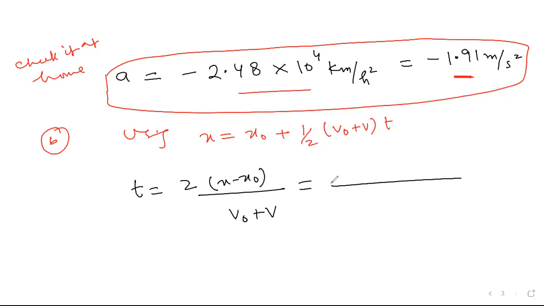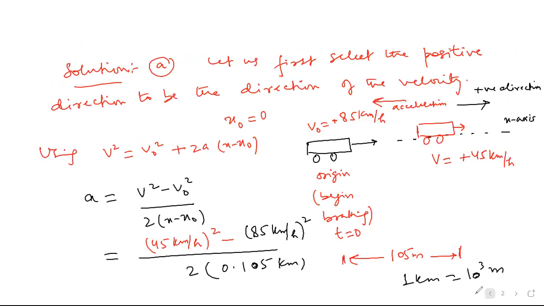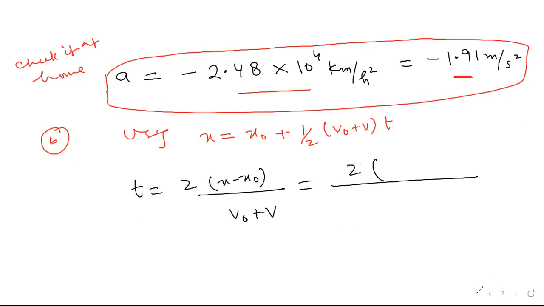So let us put the numbers. x minus x naught, where x naught is 0, is just x, which is 105 meter, but we put it in kilometers, which is 0.105 kilometer. My initial velocity is 85 kilometer per hour, plus my final velocity is 45 kilometer per hour.